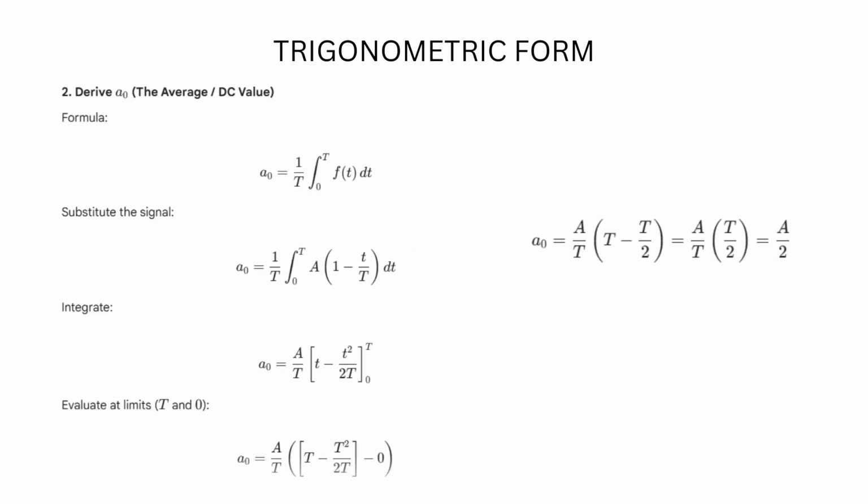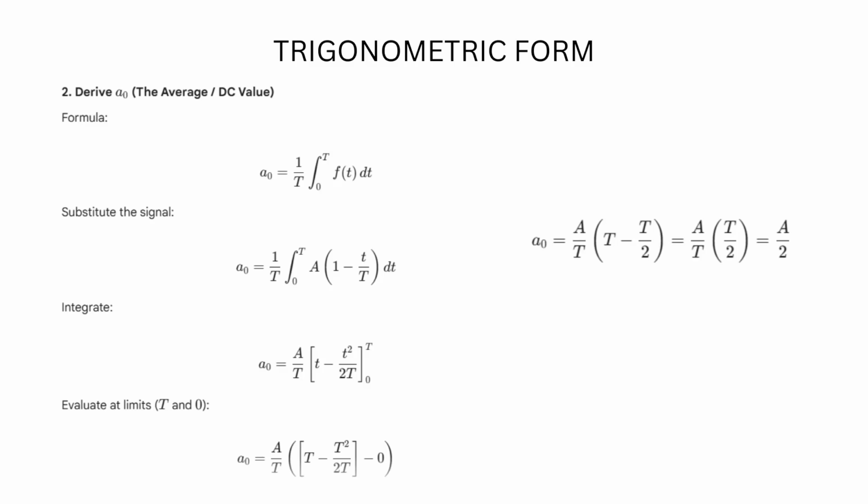We begin by finding the coefficient A0, which represents the average or DC value of the waveform. The formula for A0 is given by A0 equals 1 over big T times the integral from 0 to big T of f of t dt. Next, we substitute the expression of the unipolar reverse sawtooth that we defined earlier.